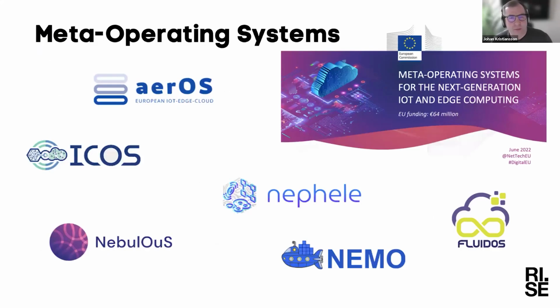There are also other meta operating systems. I think there are 6 different ones, and there's quite a lot of investment in this. If I had to highlight some differences, I would say that ColonyOS is mainly focusing on this control layer and integration.